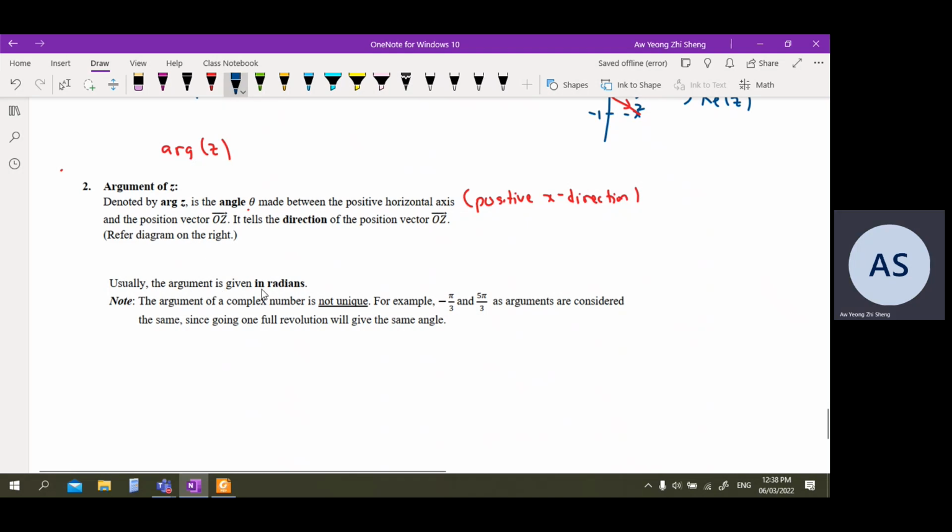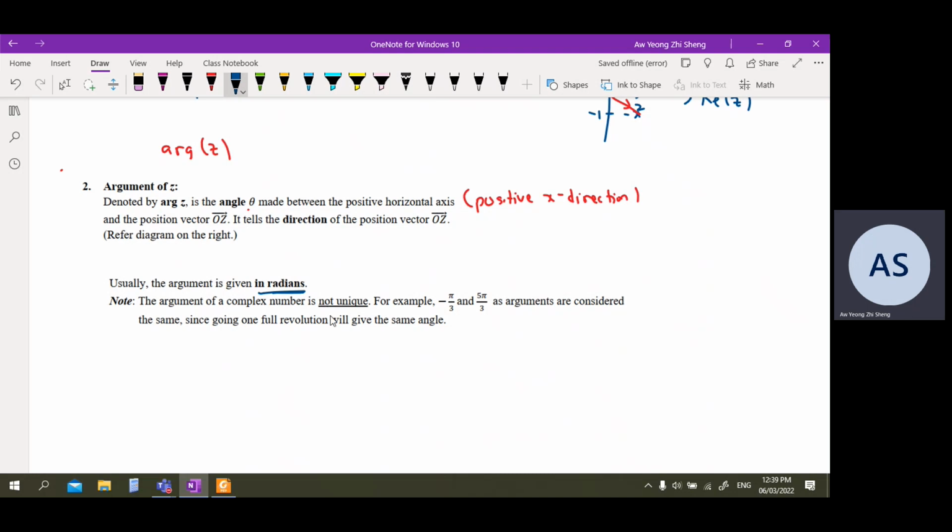Argument is given in radians. The default unit for argument is radians, and we would rarely use degrees here. So later when you do questions, if they ask for the argument of a complex number, by default we give our answer in radians, not degrees, unless the question asks for degrees.